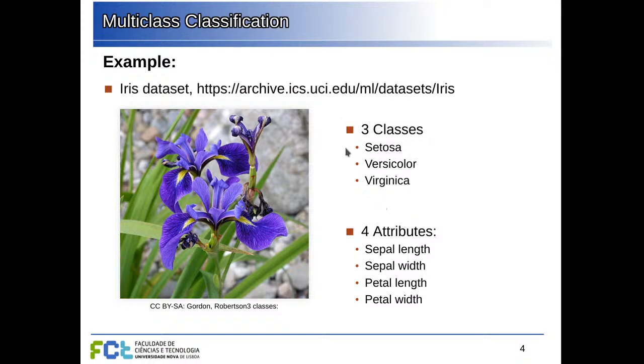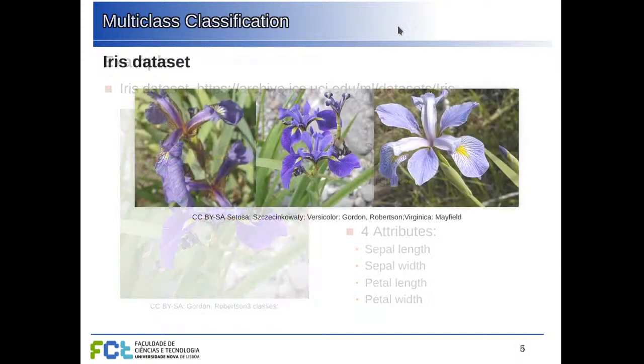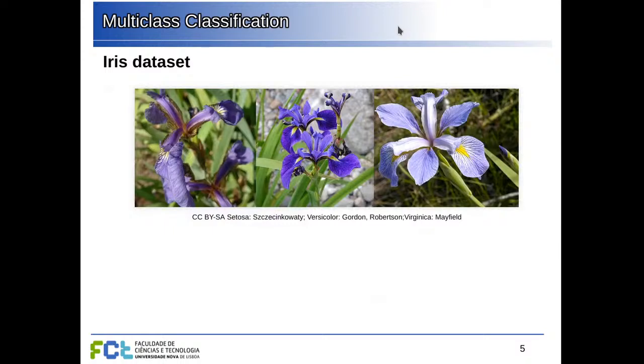And there are 3 classes because we have 3 species of this kind of flower: Setosa, versicolor, and virginica. We can try to predict from the sepal and the petal dimensions which class each flower belongs to, because the flowers are slightly different and they have different proportions of dimensions in sepals and petals.